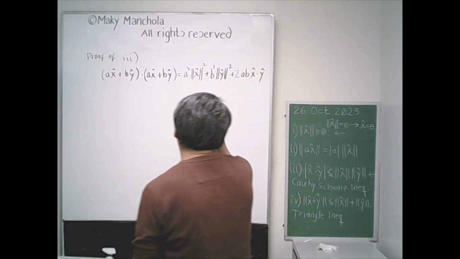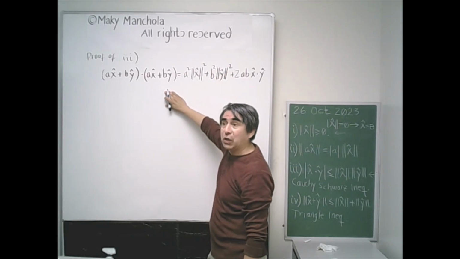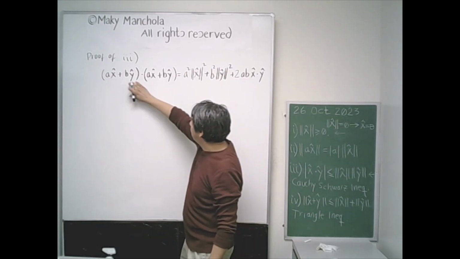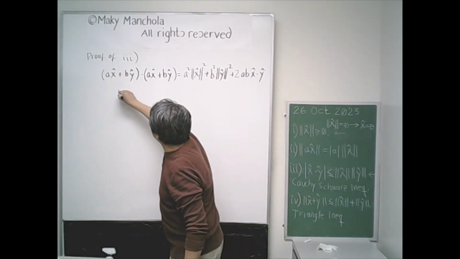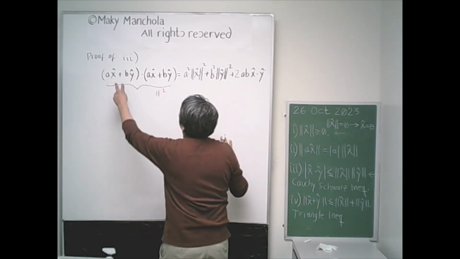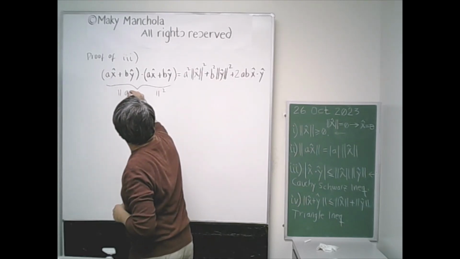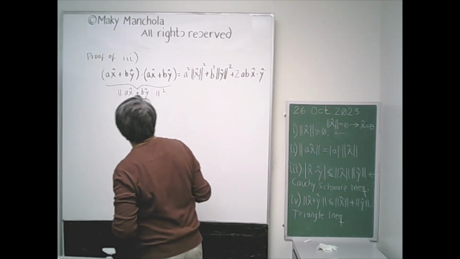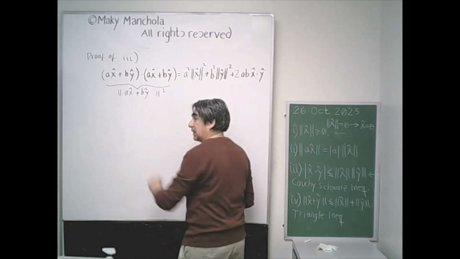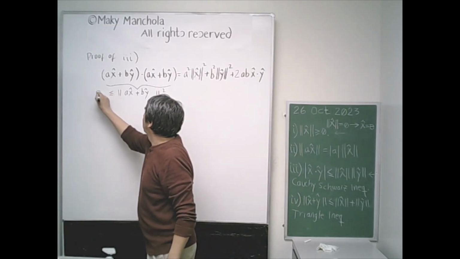Okay, now you have to realize that this is the norm squared. What you're seeing right there is the norm squared of a x hat plus b y hat. Therefore, this is a non-negative number, so that turns out to be greater than or equal to 0.